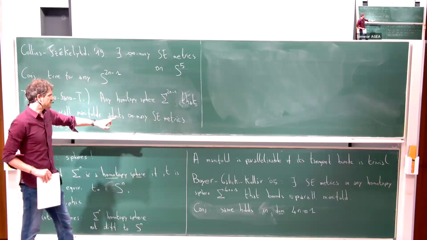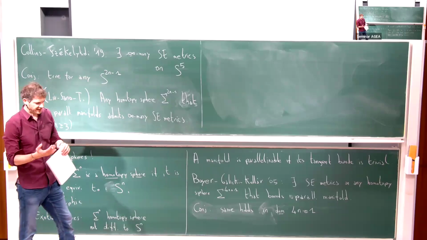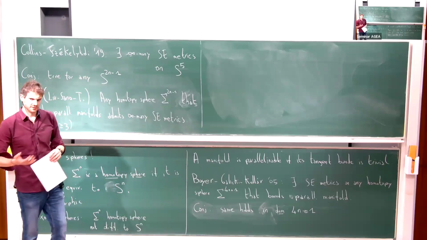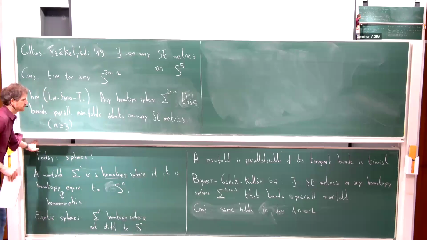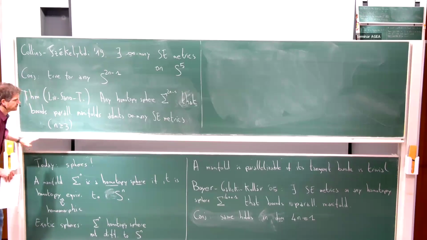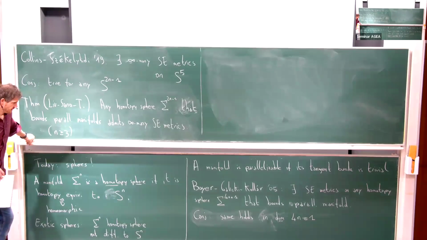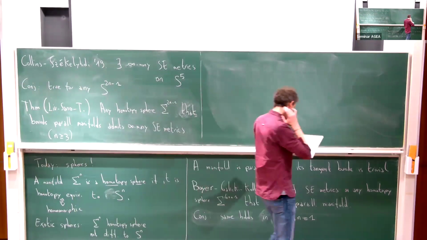I mean, not just that they are not isometric, but actually they are also not deformation equivalent. So it's a bit stronger. Okay, so these are the results. Any question about this? Okay, good.